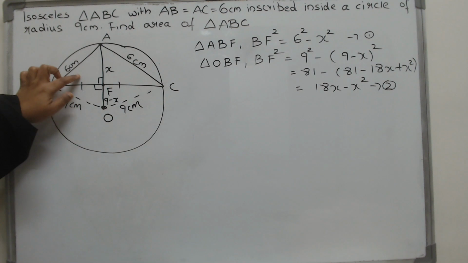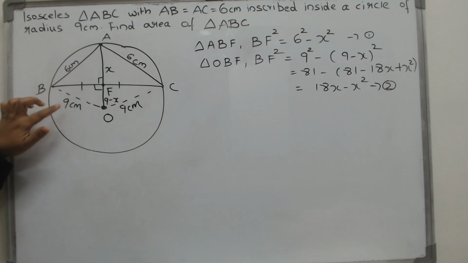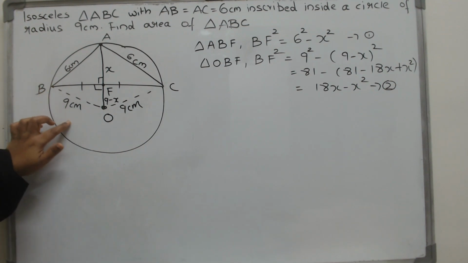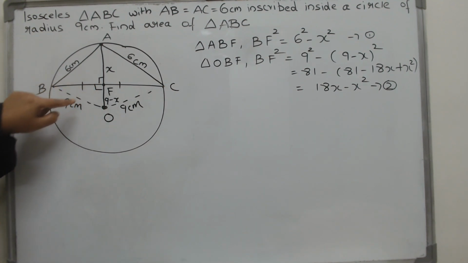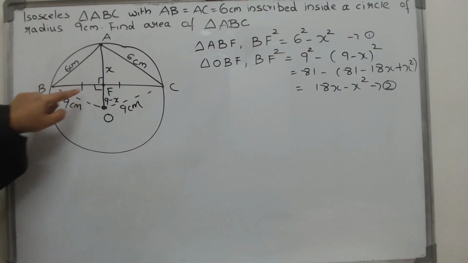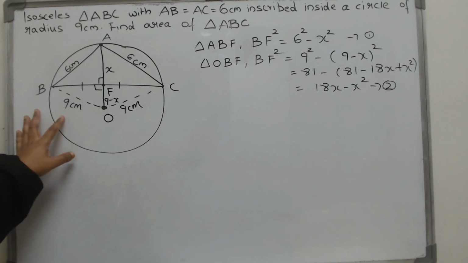Two beautiful right triangles. One with 6 centimeters as its hypotenuse and the other one with 9 centimeters as its hypotenuse. Why is that? Because the side opposite to the right angle, opposite to the 90 degrees, will be the hypotenuse. Not only that, there is another thing if you notice.